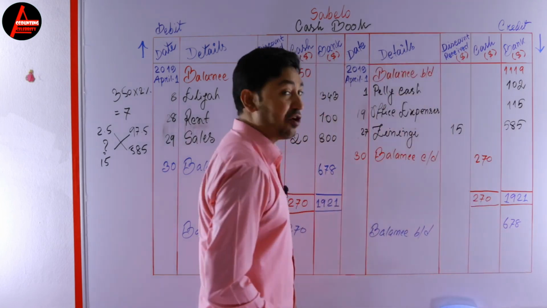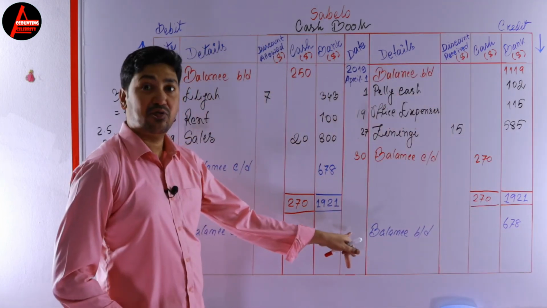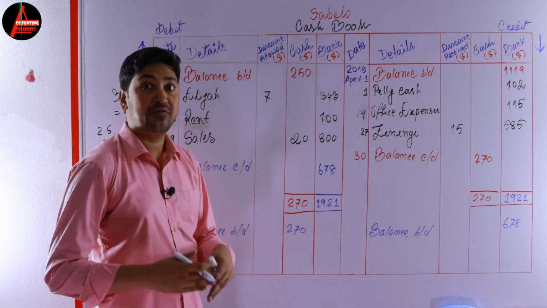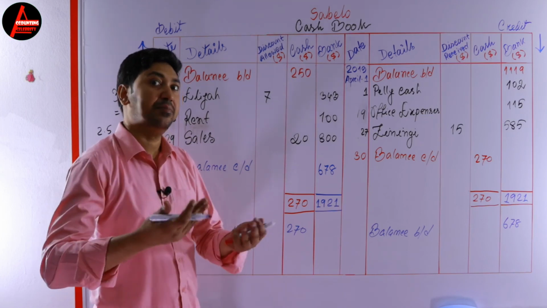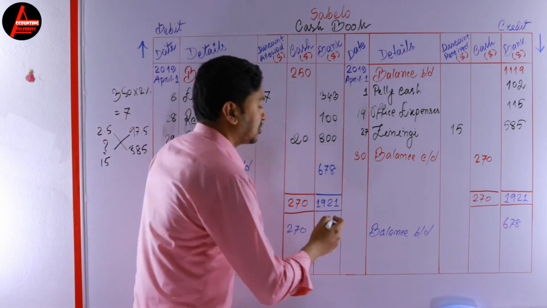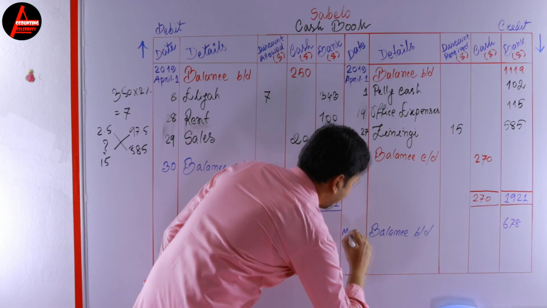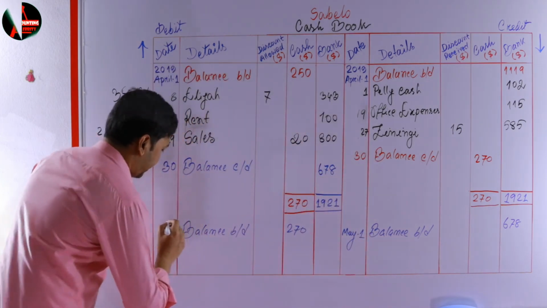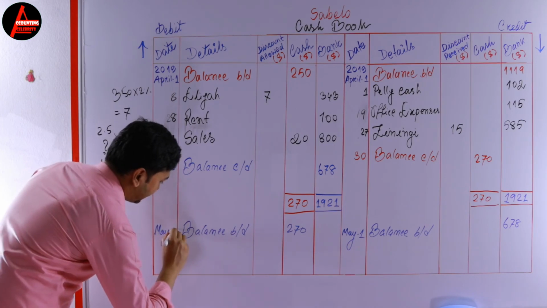Now question is, what is date? For balance BD, date will be the first day of next month. So it is April, next month is May. Okay, so we have to write here May 1st. Same here, May 1st.